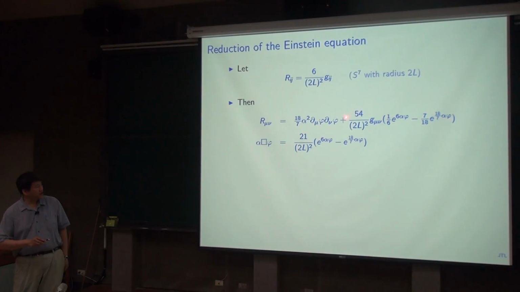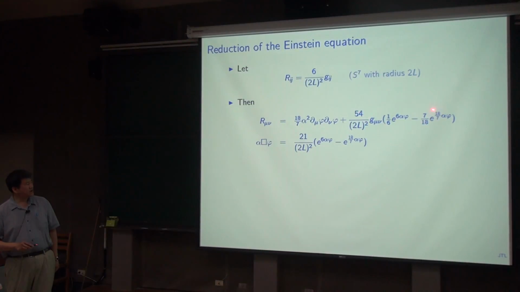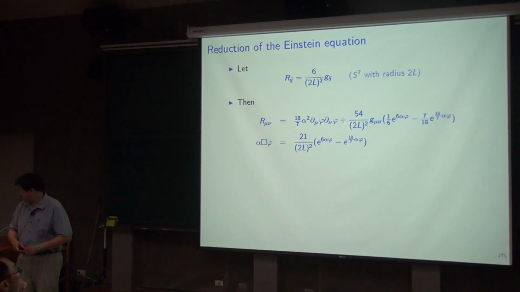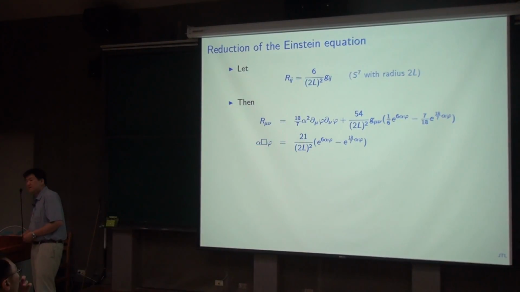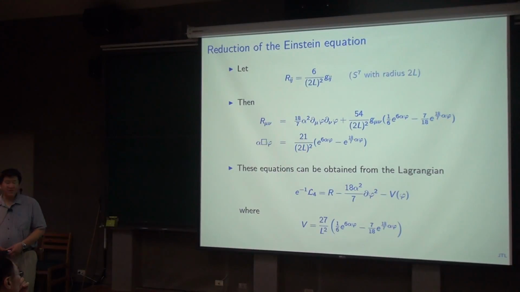This is a potential V of phi over here. This is the gradient of V of phi, which is the force term that shows up in the scalar equation. I can group that together and say these equations of motion can be obtained from a 4-dimensional effective Lagrangian that looks like that, with the potential energy like that.